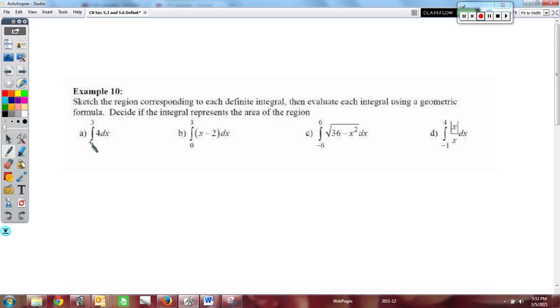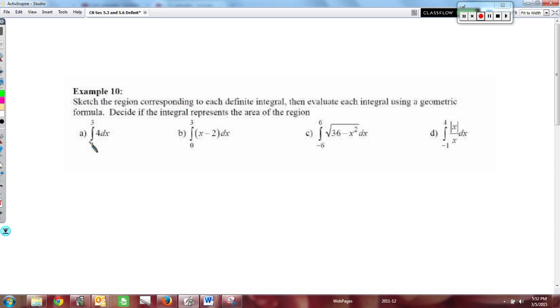All right, now what we're going to do in example 10 is, notice it says we want to sketch the region and then we want to evaluate each integral using a geometric formula. That instead of approximating, we are going to find the exact value. Okay, I'm going to stress that. The exact value, but remember we don't have any of the shortcuts yet for calculating definite integrals.